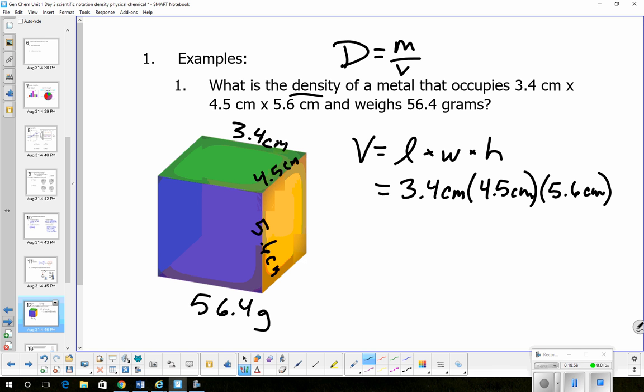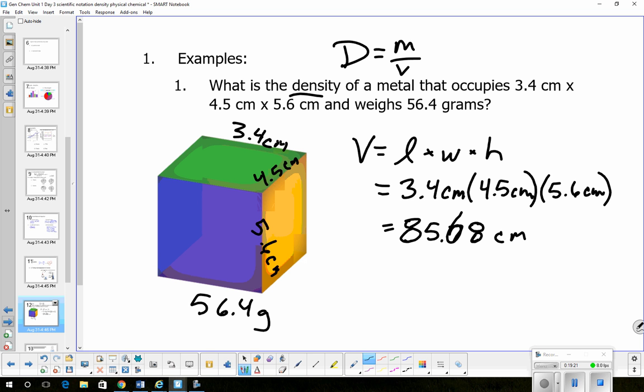How much? 85.6872. Oh, centimeters. Just centimeters? Okay, this is where we need to use our significant figures that we were working with last time.